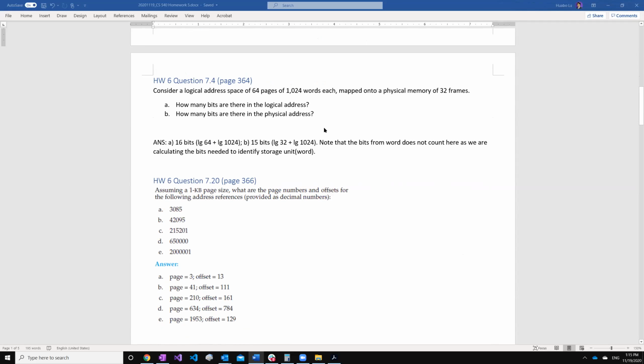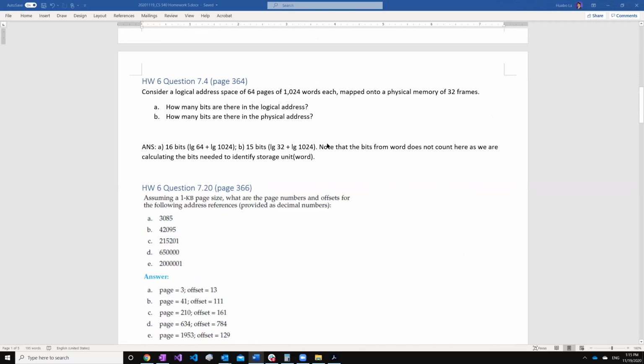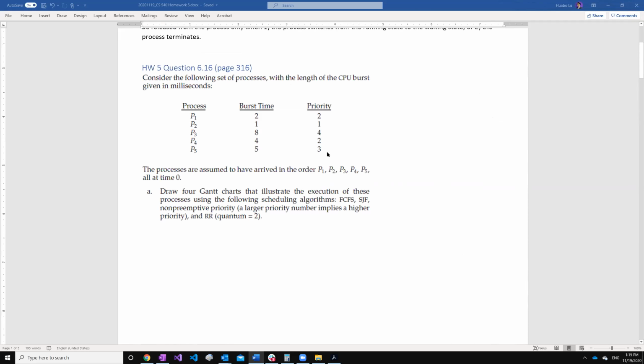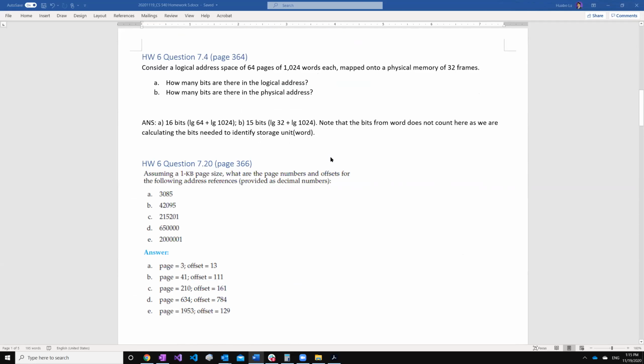And then this one, interesting. Homework 6, question 7.4. Hang on a second, this is homework 5. Yeah, homework 6. Why do we have the homework question number and the chapter number off by 1? Well, that's a mystery. It says consider a logical address space. By the way, this is from chapter 7, where we talked about main memory.